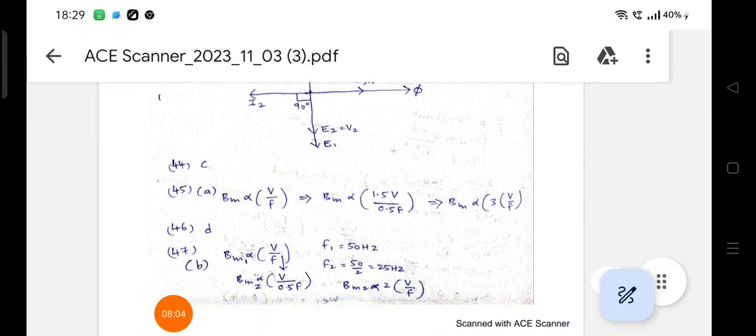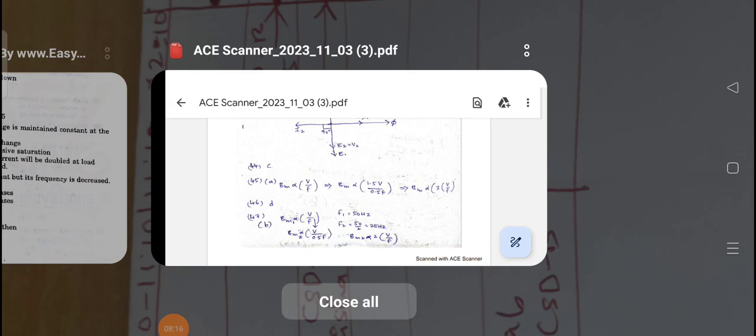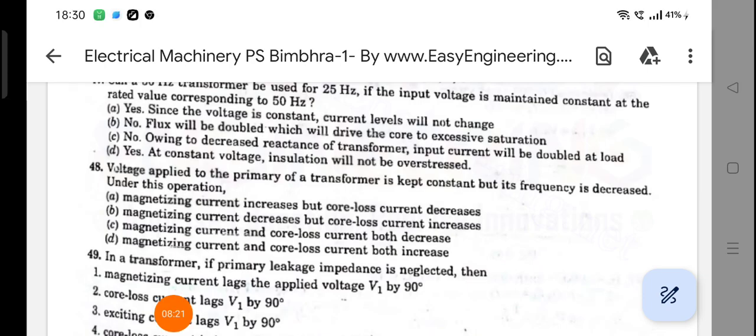When frequency is reduced to half, that means 0.5 times the supply frequency compared to the first case, what about V by F? It is 2 times. That means maximum flux density will be 2 times the original flux density. So from the given options, flux will be doubled. Phi equals Bm into An. That means flux will be doubled, which will drive the core to excessive saturation. That means the second option is correct.